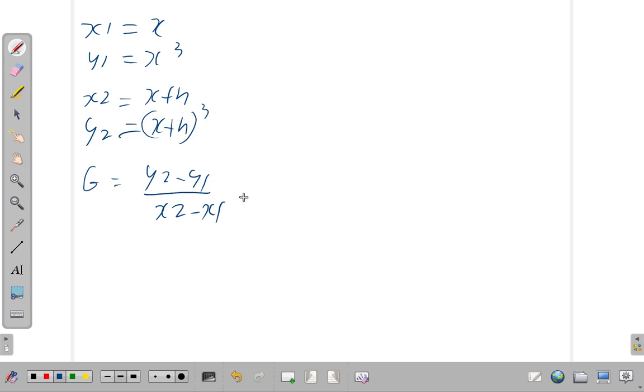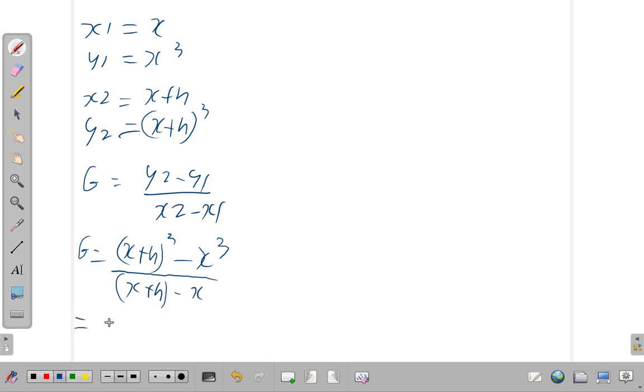Now, the gradient is equal to y2, which is x plus h cubed, minus y1, which is x cubed, over x2, which is x plus h, minus x1, and x1 is x, alright?